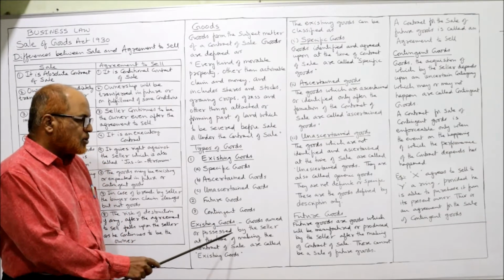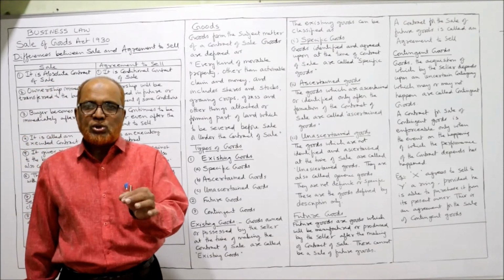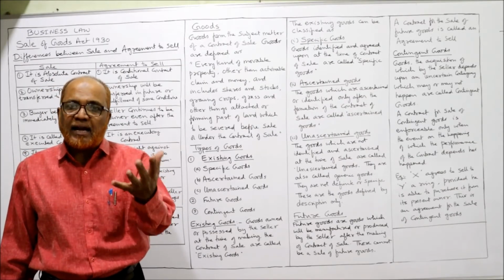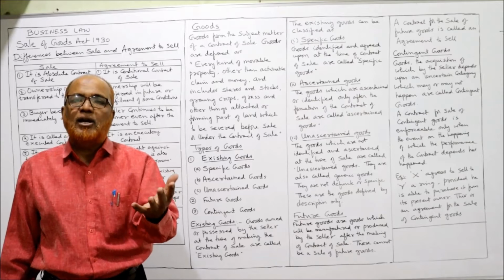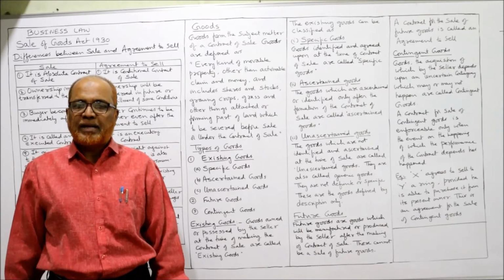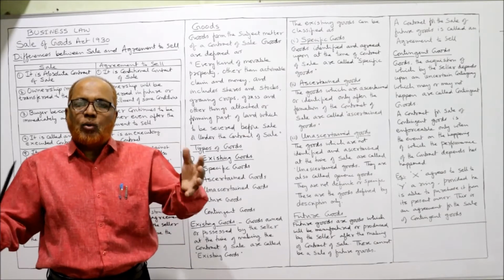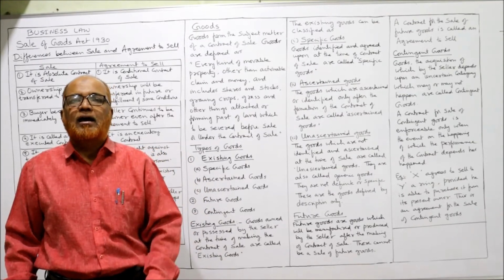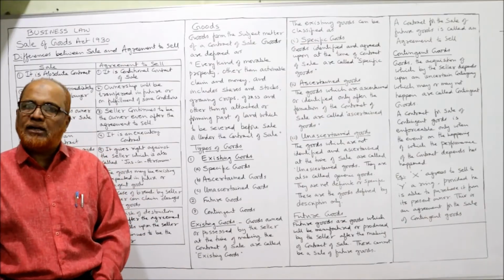Goods owned and possessed by the seller at the time of entering into the contract are called existing goods.